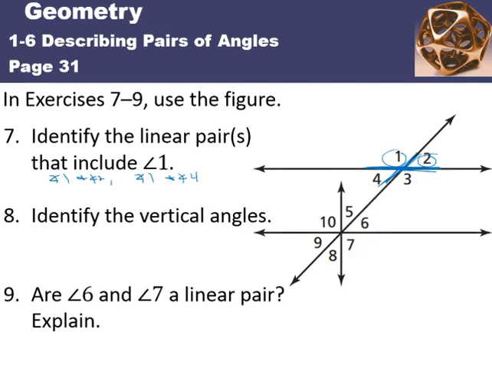Okay, now vertical angles are the angles that are across from each other, and we need to list all of them. I'm going to grab another color. So we have 1 and 3 are vertical. So 1 and 3, but so are 2 and 4. And then here's an X. So 5 and 8.